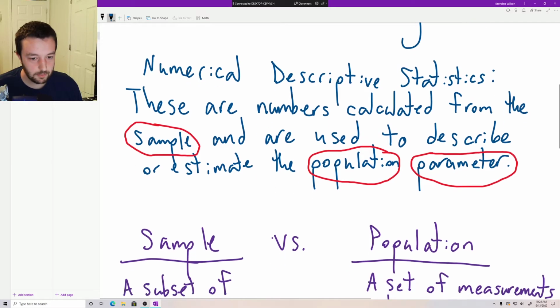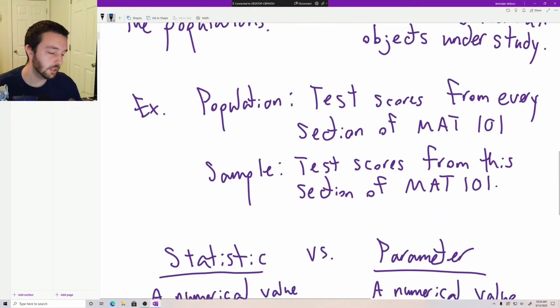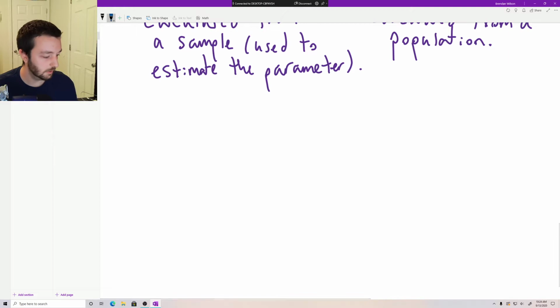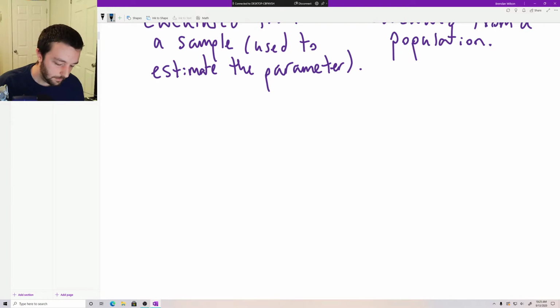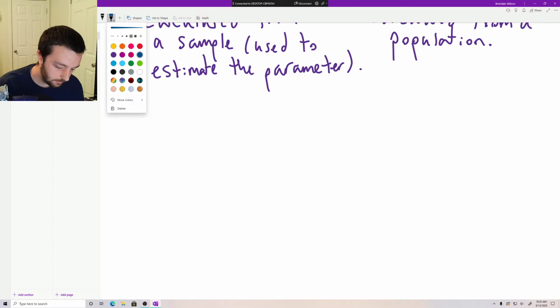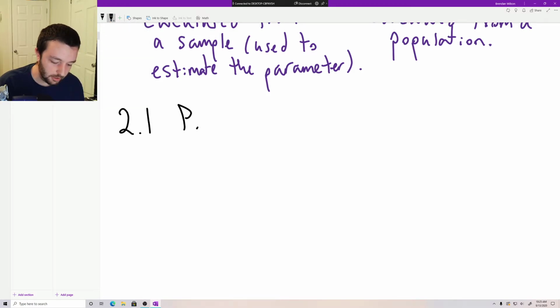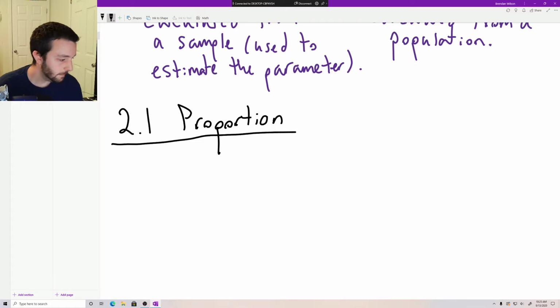All right, so these are some preliminary definitions. Let's jump into a little bit more math now. What this section actually is called, 2.1. Okay, so 2.1 is actually called proportion. So this is a basic starting statistic that we often would want to calculate.